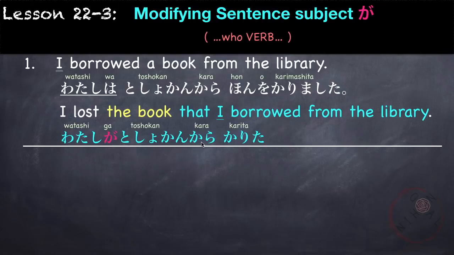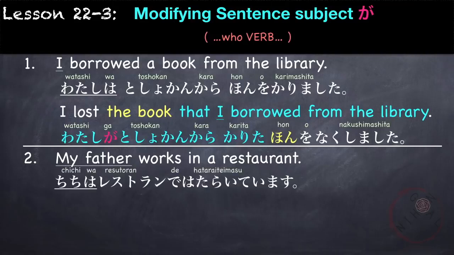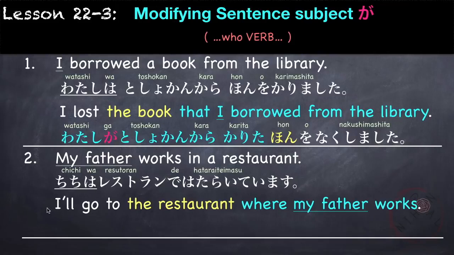私が図書館から借りた本をなくしました. Another example, my father works in a restaurant. 父はレストランで働いています. For example, we want to say, I'll go to the restaurant. So we are modifying or describing the restaurant as where my father works, which is 父が, so my father. 父が働いている.